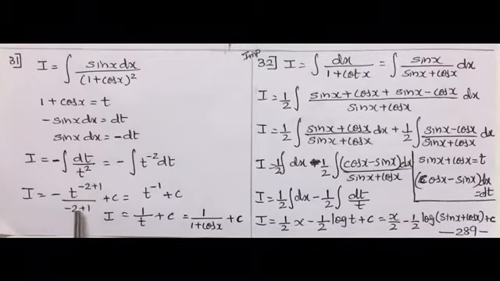Now calculating this, in the denominator we will get minus 1. Minus 1 and minus makes it plus, and t raised to minus 1 remains plus c. T raised to minus 1 is expressed as 1 by t plus c. Now t is replaced by 1 plus cos x plus c. So this is how 31st is being integrated.